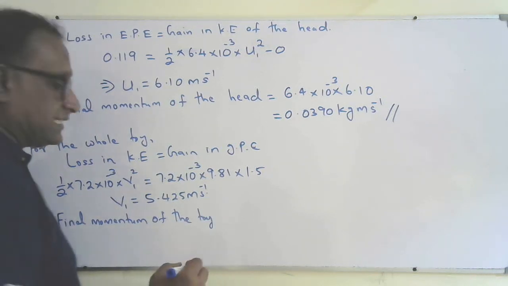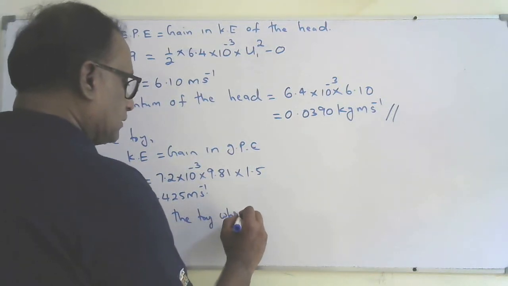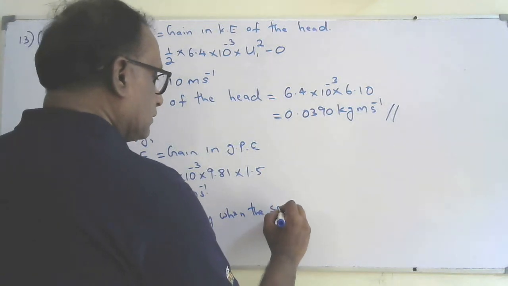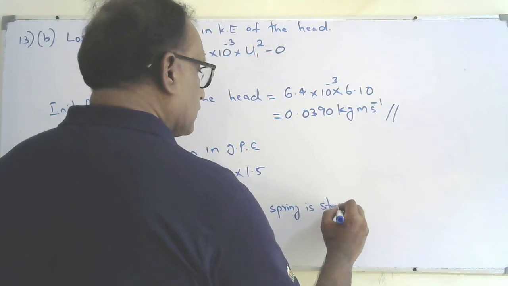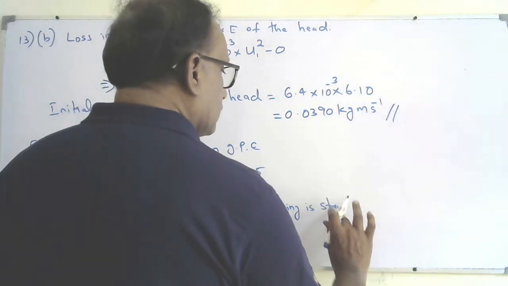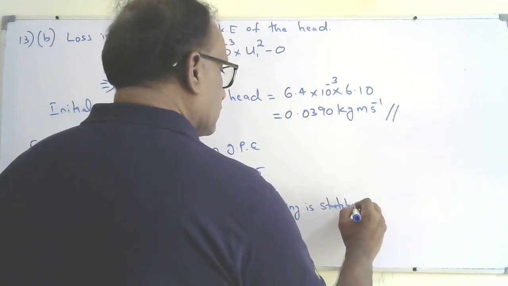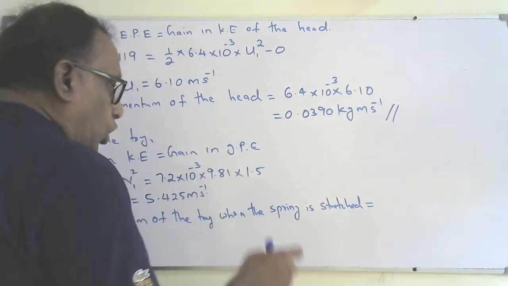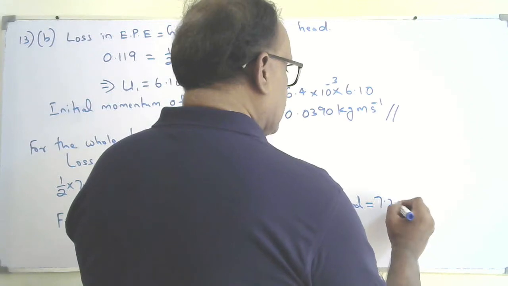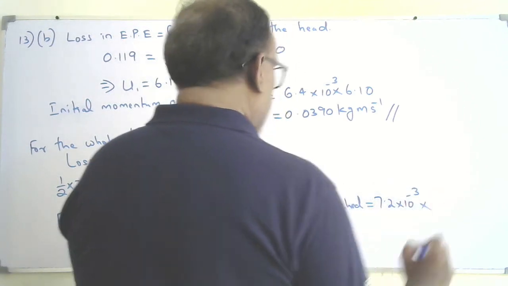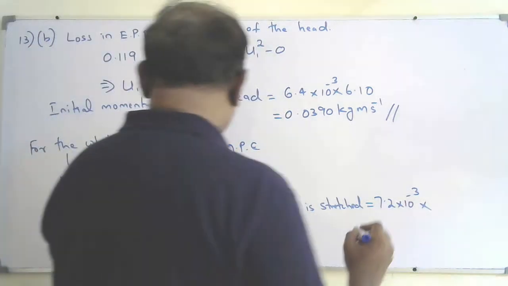So final momentum of the toy when the spring is stretched is equal to mass of the whole system, that is 7.2 times 10 to the power minus 3, into speed of the whole system, 5.425.